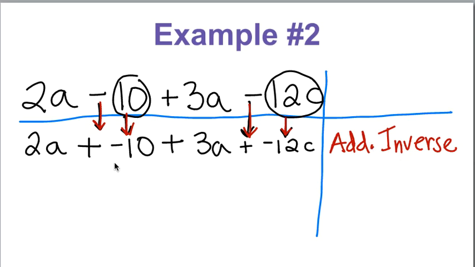So the next thing we're going to do is take a look at and see what my like terms are. Now, usually if there are an operation and a negative next to each other, you'll see parentheses. Those do not count as grouping symbols. That's just separating the operation from the integer. So now I'll go through and I'm just going to look for all of my A's and I'll put a box around my A's.